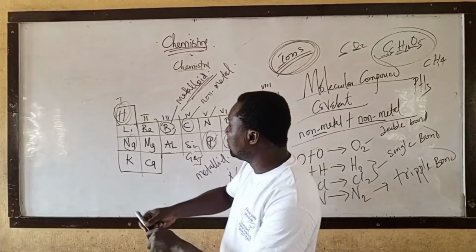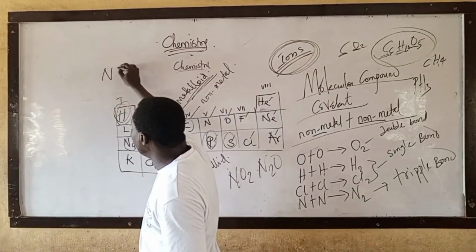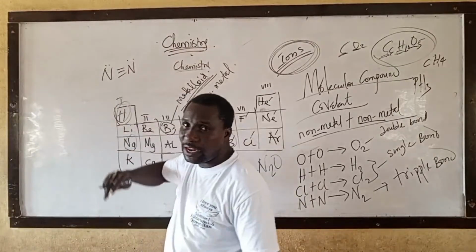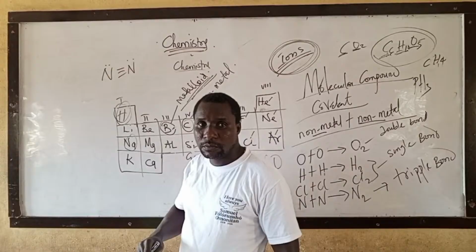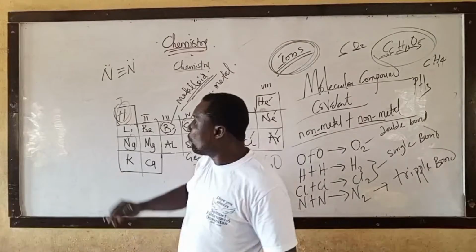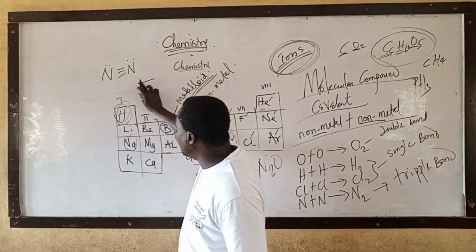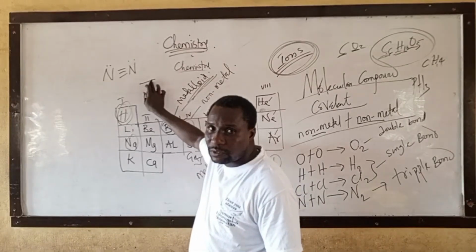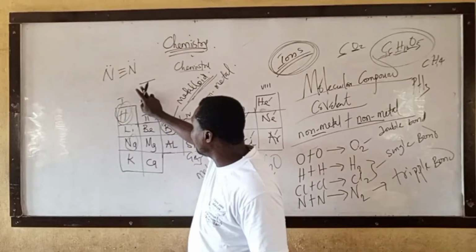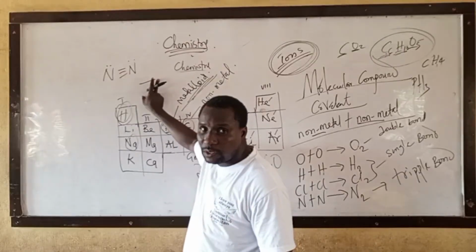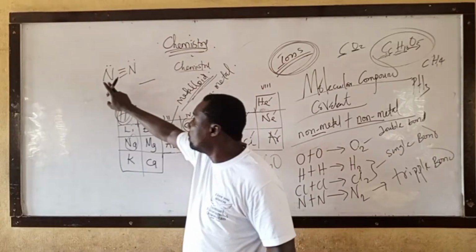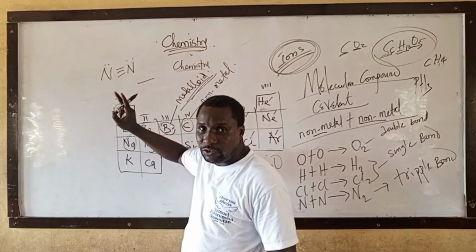Look at nitrogen gas: it exhibits a triple covalent bond. A single covalent bond means a pair of electrons, that is, two electrons being shared. That is the single bond. When you have the triple bond, we have 6 electrons being shared between this nitrogen and this nitrogen.